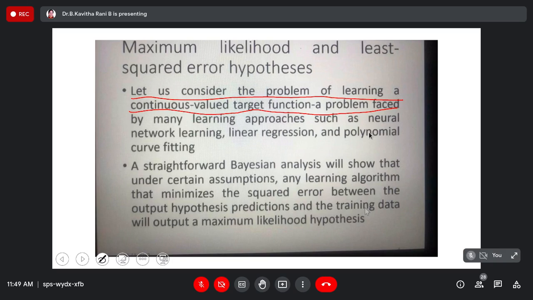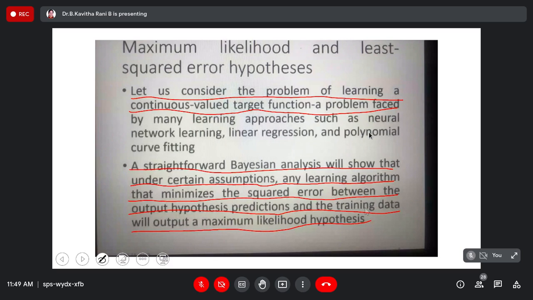A straightforward Bayesian analysis will show that under certain assumptions, any learning algorithm that minimizes the squared error between the output hypothesis prediction and the training data will output a maximum likelihood hypothesis. So there we will be using the least squared error hypothesis to get the maximum likelihood.